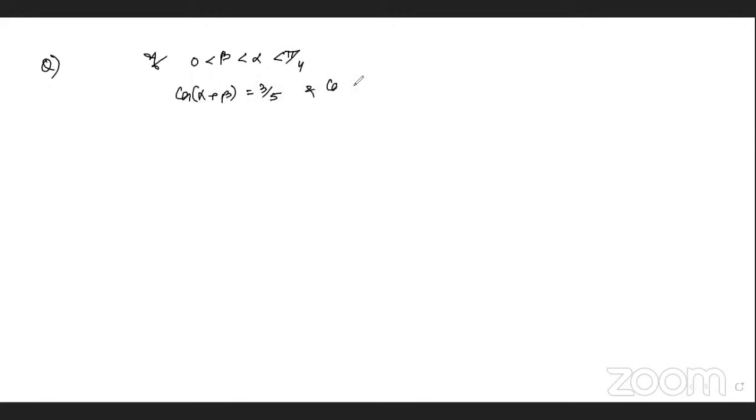And cos of alpha minus beta is equal to 4 upon 5, that's also given. Then what we have to do is evaluate sine of 2 alpha. So can you find it out?